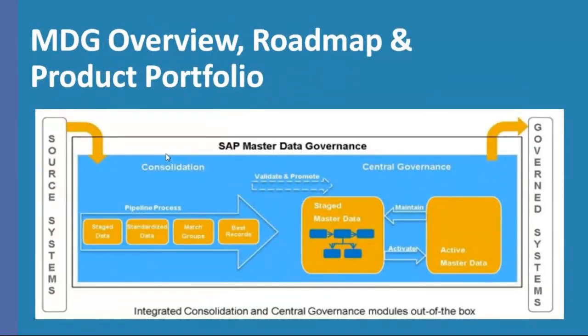Now MDG overview. So how does it look? First of all, there can be different types of framework, which we will talk about a little later. But the first thing is, if I assume that MDG itself is one compact, end-to-end system, then there can be some source system.